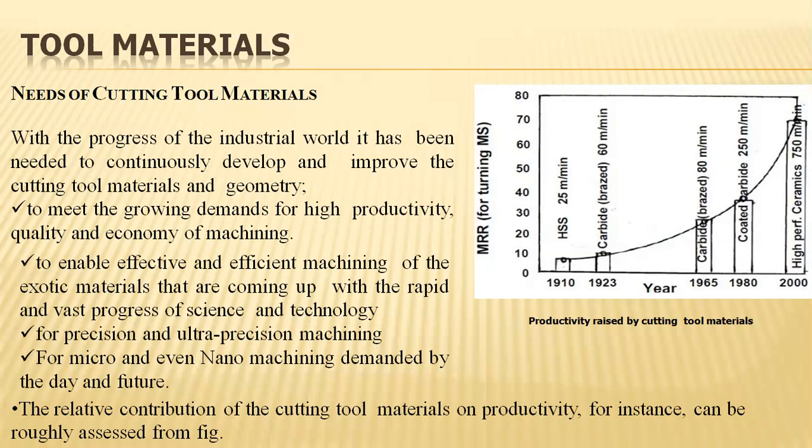And later on, carbide conditions, those materials increased in utilization for an MRR condition of 80 meters per minute.